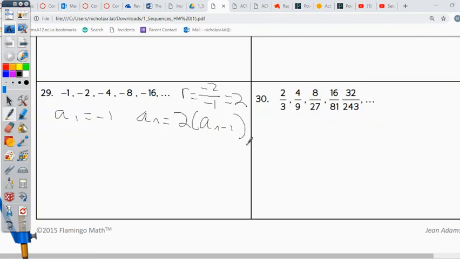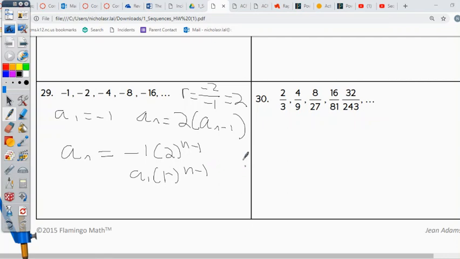For explicit, a n is equal to -1 times 2 to the n minus 1. Remember, a1 times r to the n minus 1.